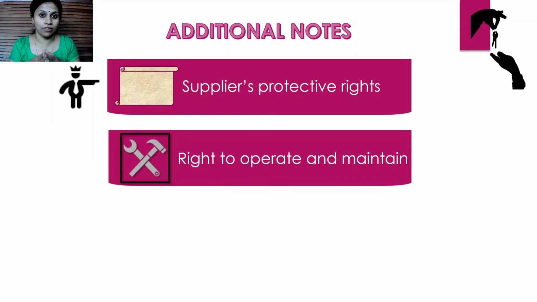Now, the second thing is the right to operate and maintain the asset. All of us know that operation and maintenance of an asset is a very important part of an asset. It is very important for the efficient use of the asset as well as to get economic benefits. But as per this standard, merely having the right to operate and maintain the asset will not give you the right to direct use.